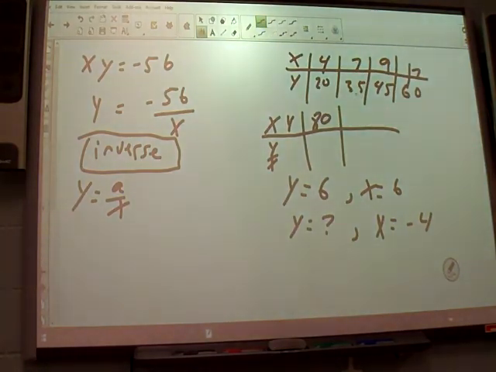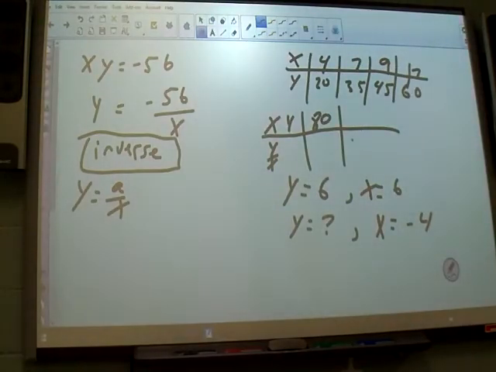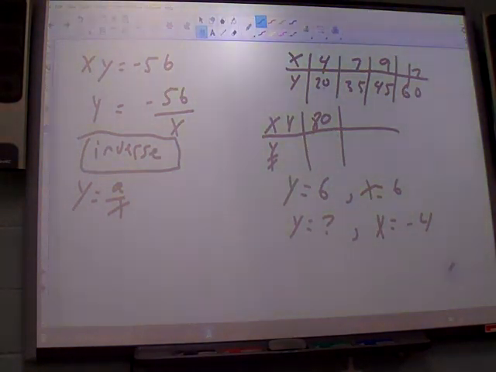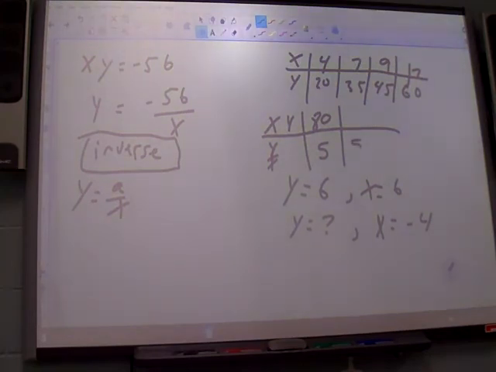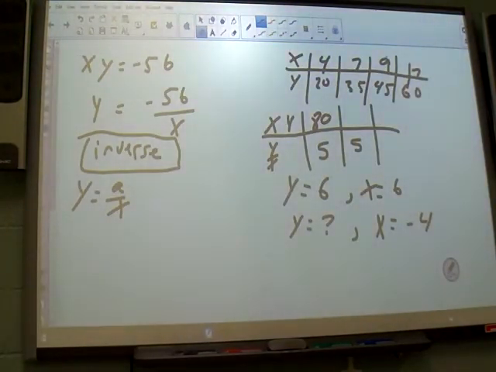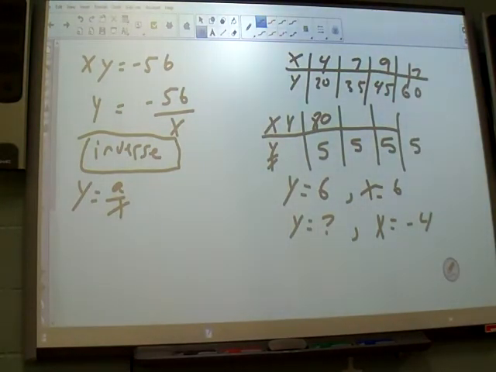Okay, I know 5 times 7 is 35, so it can't be 80. So let me go divide it now. 20 divided by 4, that's 5. 35 divided by 7, that's 5. 45 divided by 9, that's 5. And 60 divided by 12, that's 5.